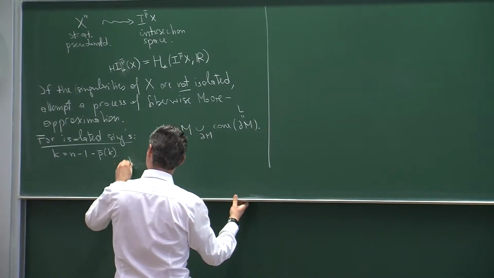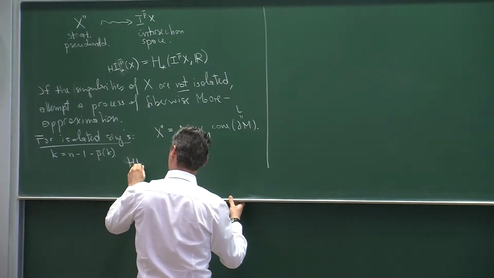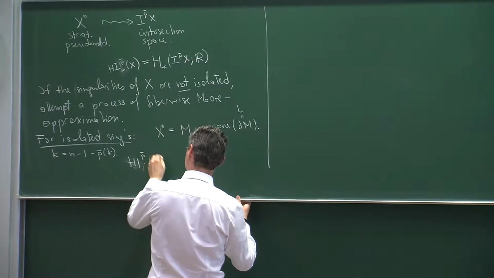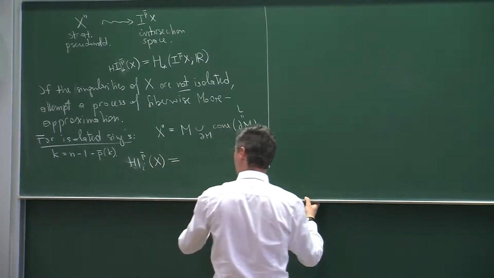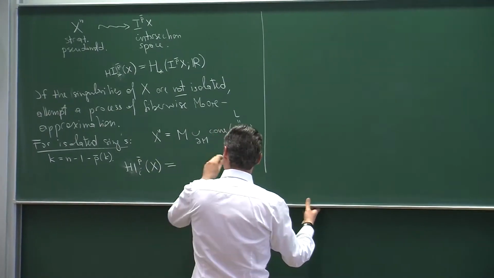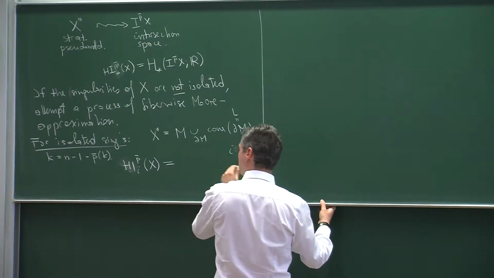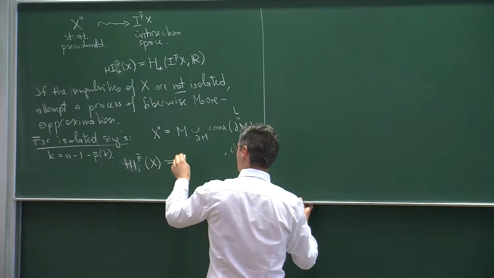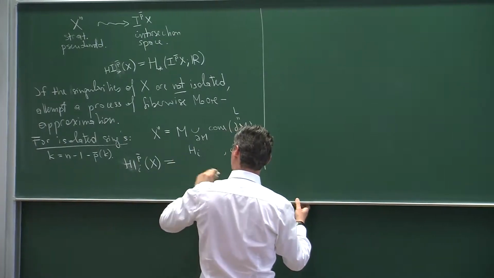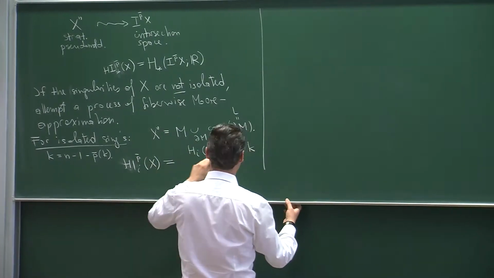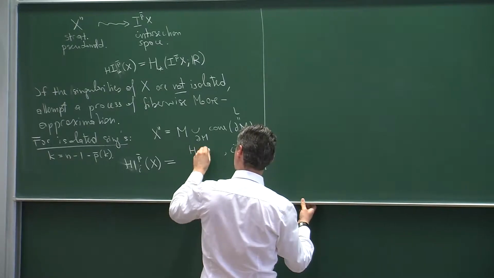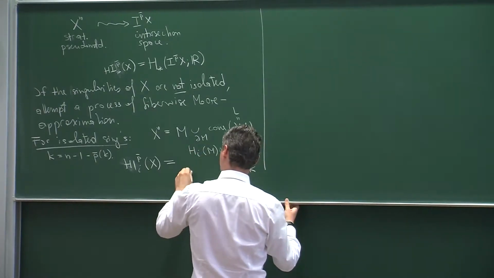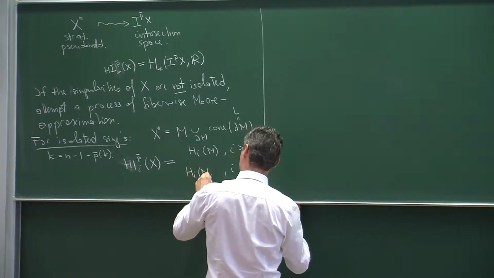These groups HI in degree i with perversity p of X can be computed like this. If i is large, above the cutoff, then you get the absolute homology of M, and if it's below k, you get the relative homology.